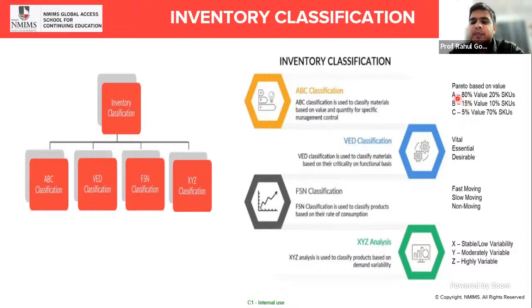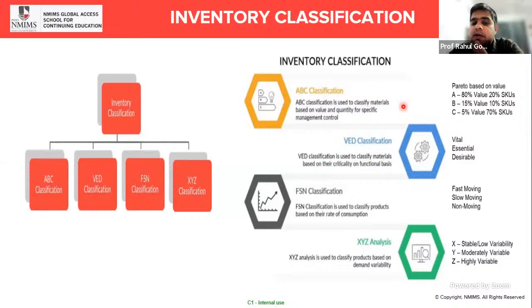The other example I told you was that some organizations have created a further classification beyond the 3 bucket ABC. They will do one more classification within A class, so they will have A and A plus. What is the meaning of A plus? A plus will be those SKUs which are contributing to, let's say, 90%. So they are even more premium.